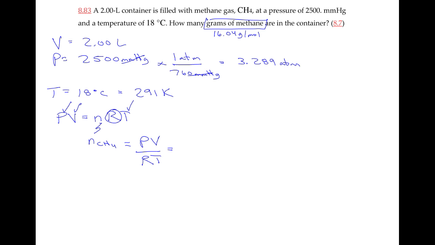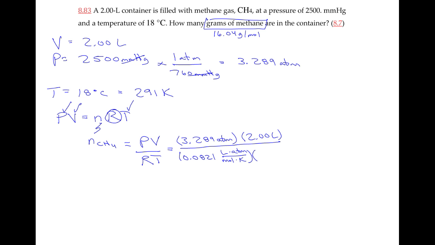So I'm going to put in my pressure, which is 3.289 atmospheres. My volume, 2.00 liters. Oops, that doesn't look right. Divided by the gas constant, which is 0.0821 liters atmosphere per mole Kelvin.